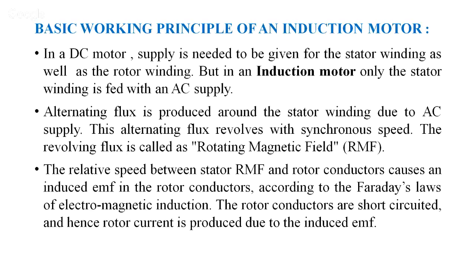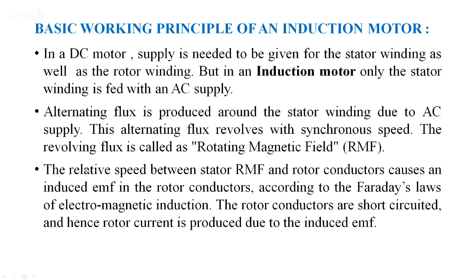So an alternating flux is produced around the stator winding due to this AC supply. Now this alternating flux revolves with synchronous speed. The revolving flux is also called the rotating magnetic field, RMF.